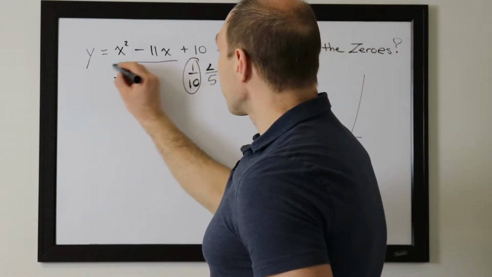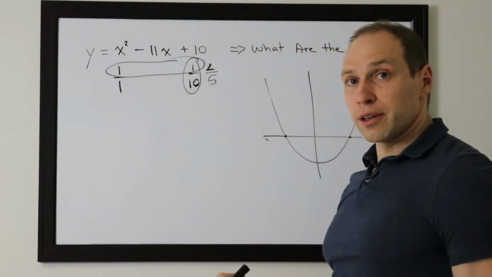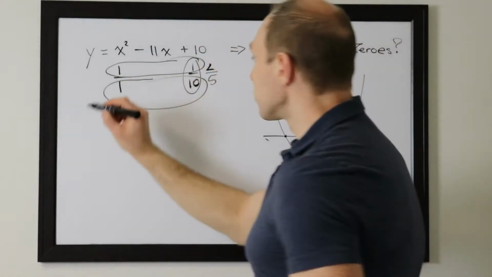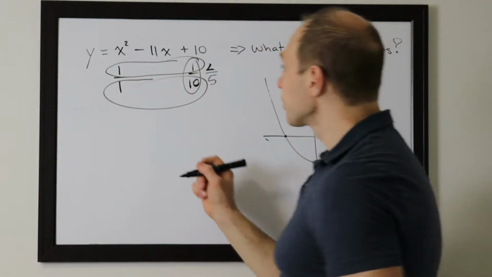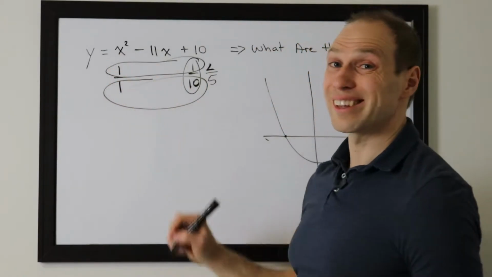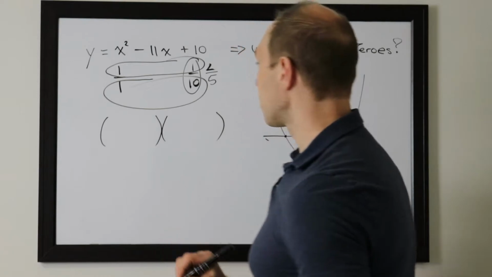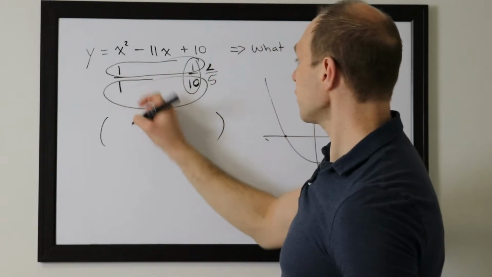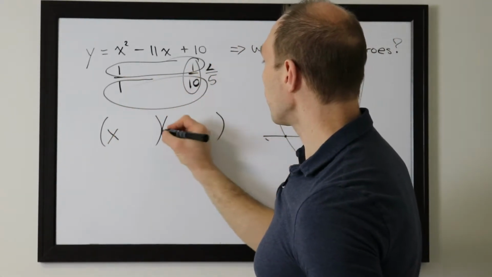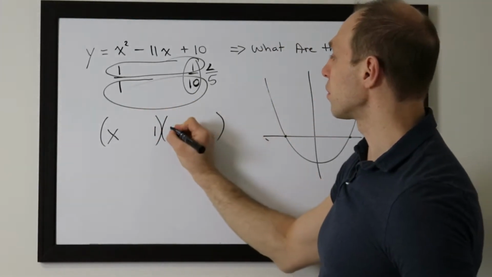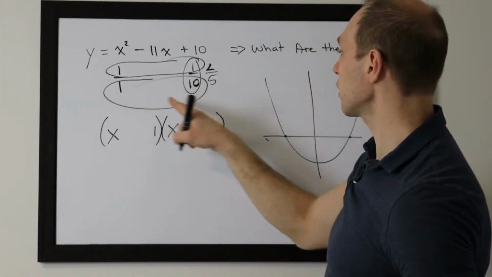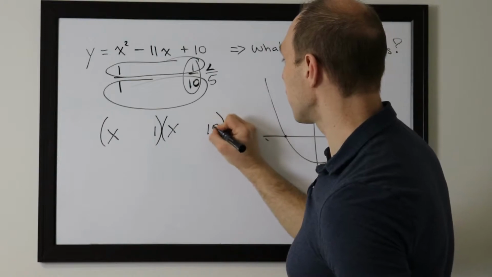And so we're going to have these two numbers in our first bracket and these two numbers in our second bracket. Instead of the number 1, we're going to write in x. So here are our brackets. We're going to write x, the number 1, instead of number 1, x again, and the number 10.